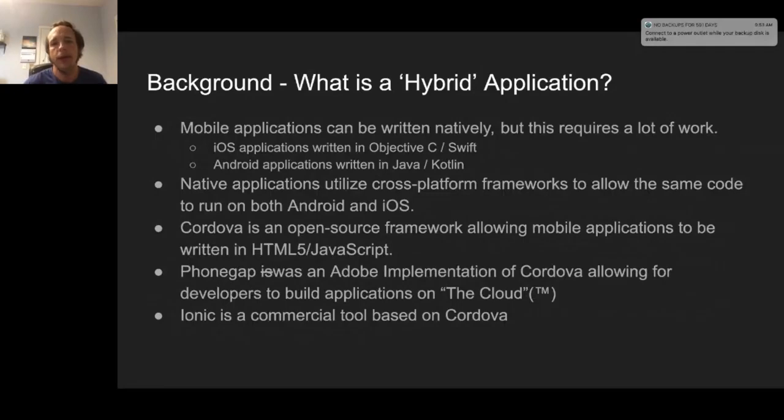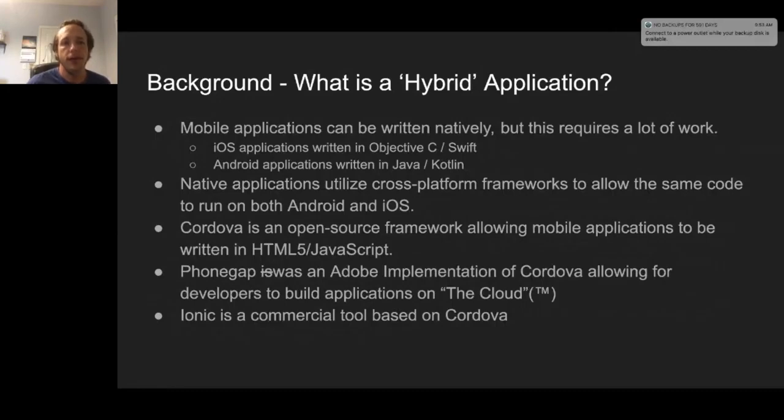So a hybrid application is designed to allow you to take your existing HTML and JavaScript and bundle it into a native application that someone can go and get from the App Store. So essentially, it's a way to save money, save development time, because now instead of having to develop an Apple application and an Android application, you can develop one and use most of the same code across both platforms.